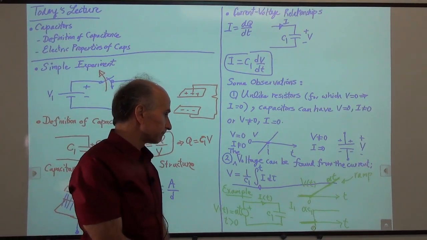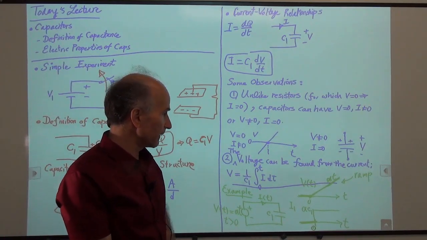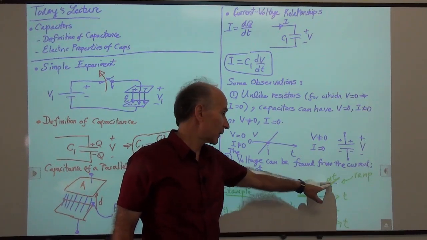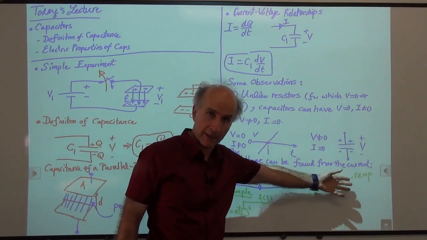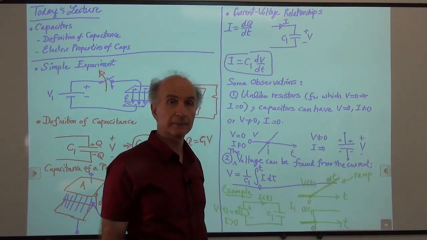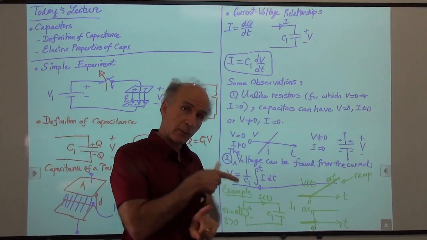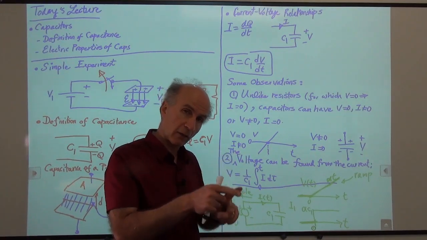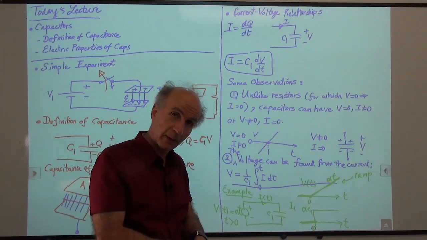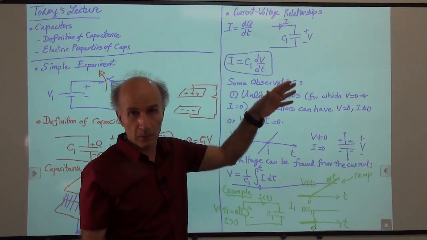Okay, so a few interesting points arise here. Number one, if the voltage on a capacitor changes linearly with time, in the form of a ramp, then the current through the capacitor is constant. All right? Can I turn this the other way? Can I say if the current through a capacitor is constant with time, the voltage across the capacitor rises linearly with time?